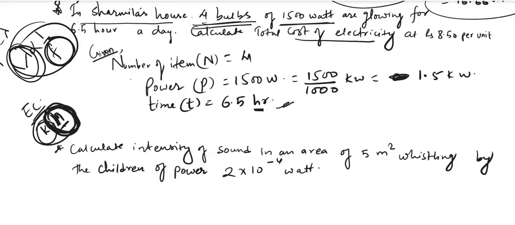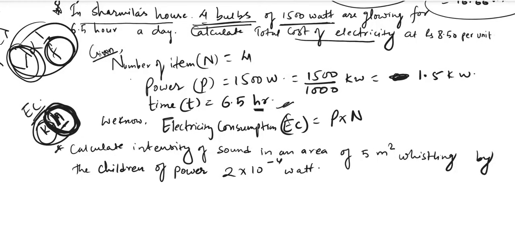Now we know the formula. Electricity consumption EC is equal to P into N into T, and the value is 1.5 into 4 into 6.5.